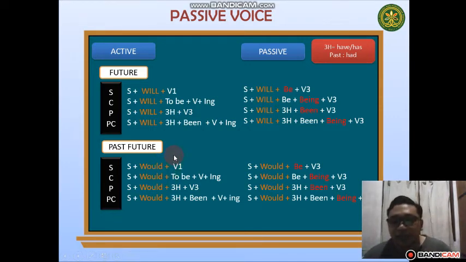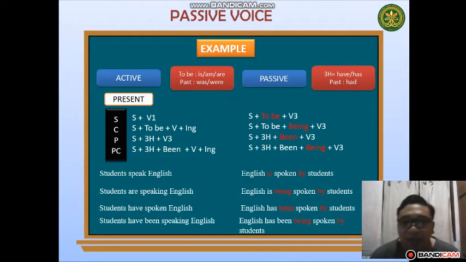So let's go to the examples that we are going through today for the passive voice. Example for present tenses. In the active one, the present is the subject plus verb 1. But we have to know here that S, C, P, and PC mean simple, continuous, perfect, and perfect continuous.